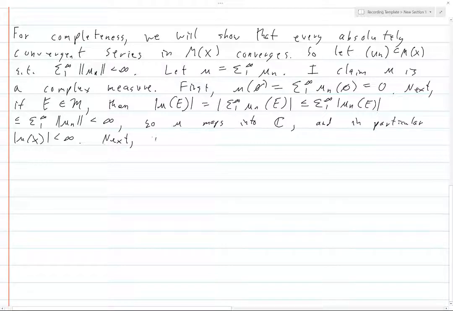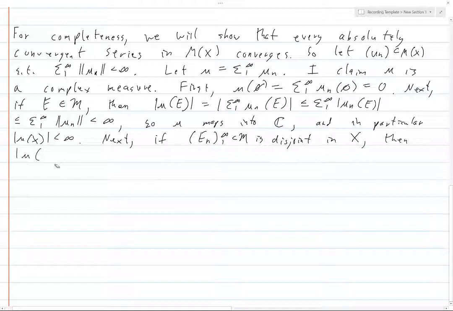So next, if we have a disjoint collection in N, we'll call this, well, the elements are in script M, and they're disjoint in X. Then what do we know?